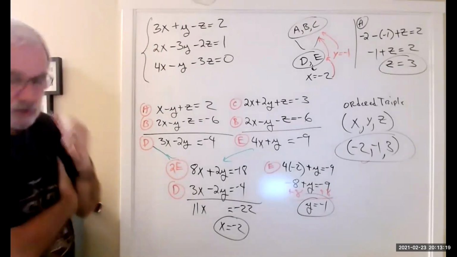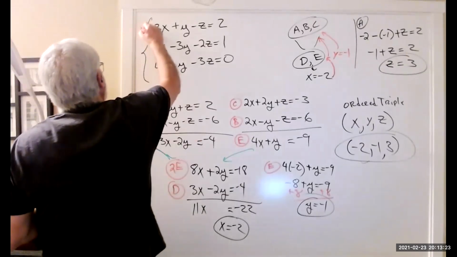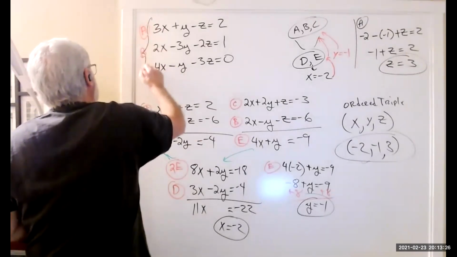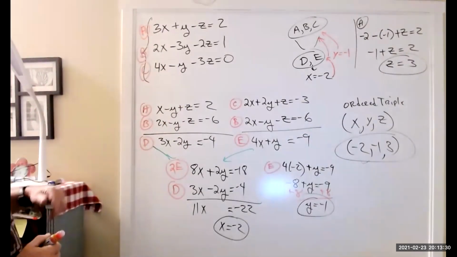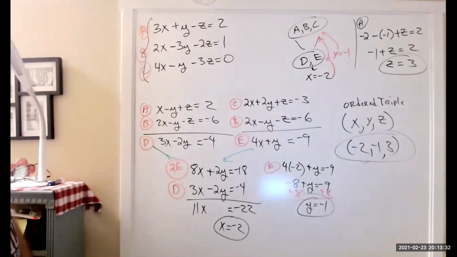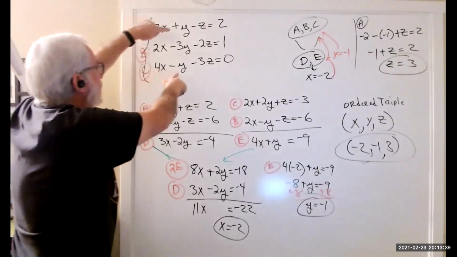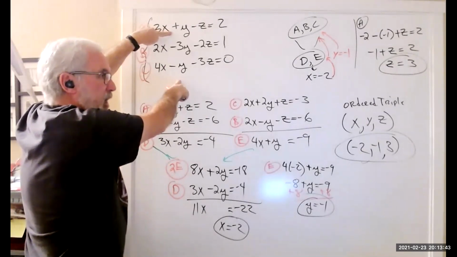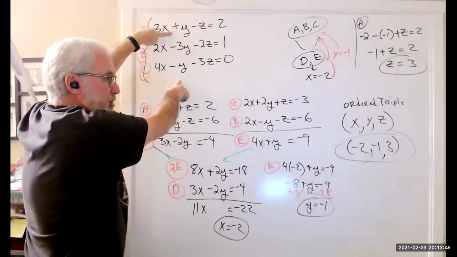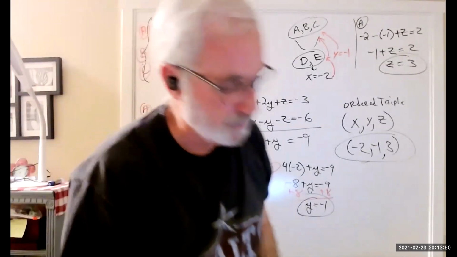If I call these A, B, and C, which two equations can I pick that will easily eliminate a variable? A and C. A and C, and they will eliminate the Y. You guys agree with that? Yeah. Okay, that's how we're going to start. So now I'll put it on pause and you guys see what happens.